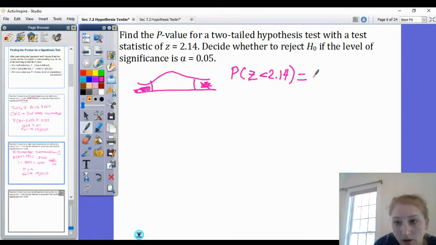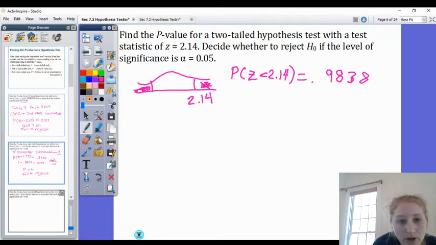If I do that, I will get 0.9838. Essentially, that is here, this Z value, 2.14.